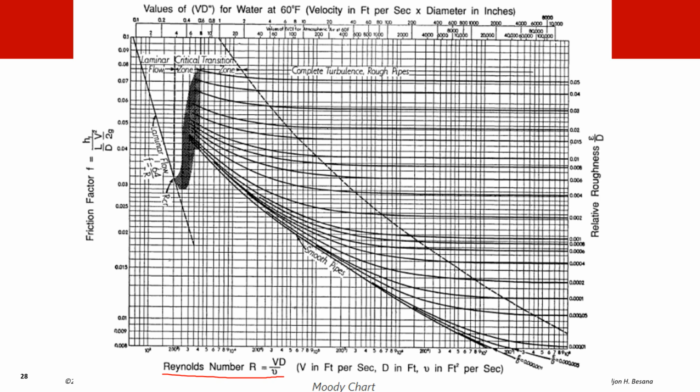Here is for the laminar flow. If this is the laminar flow, then for the friction factor, we are just going to use 64 over R. So here is only the laminar flow part of the Reynolds number we obtained earlier.